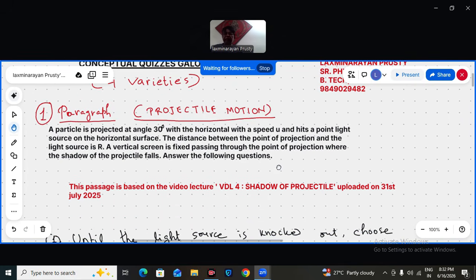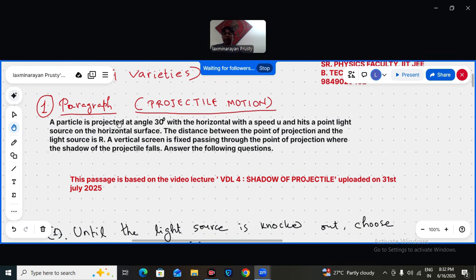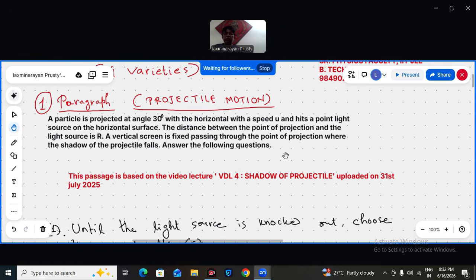So the first question, on projectile motion, is a paragraph-based question. A particle is projected at an angle of 30 degrees with the horizontal with a speed u and hits a point light source on the horizontal surface.